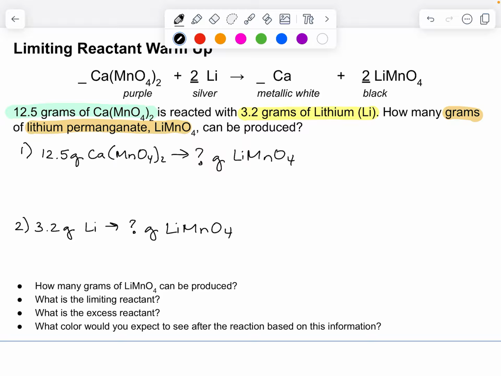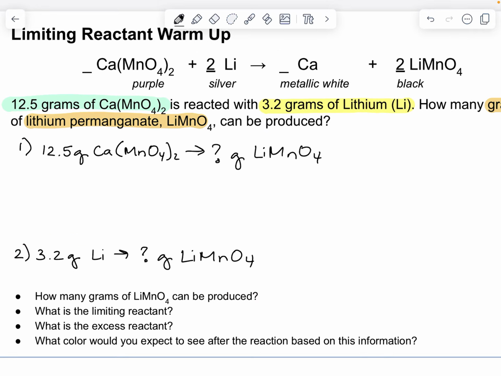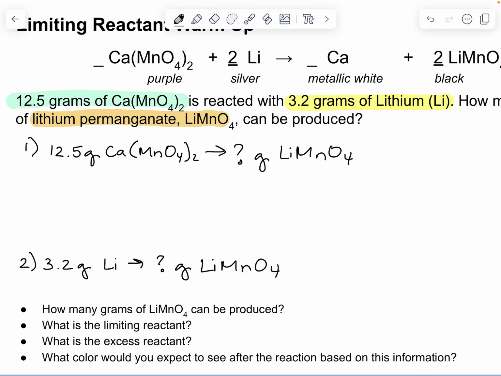So I'm going to do calculation one first, setting up my molar conversions and using that molar conversion chart as if that helps. I like to show everything all in one step. So this is my starting value. I have 12.5 grams of calcium permanganate to start.